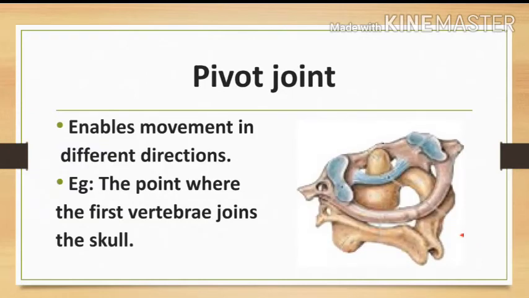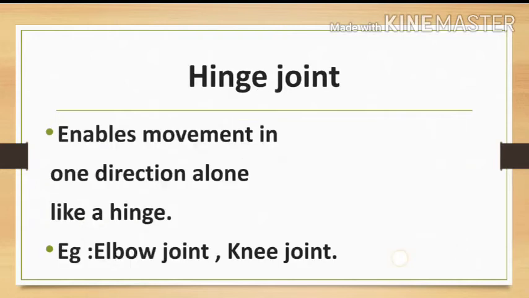Pivot joint enables movement in different directions. An example of pivot joint is the point where the first vertebra joins the skull. The second type of joint is known as hinge joint.